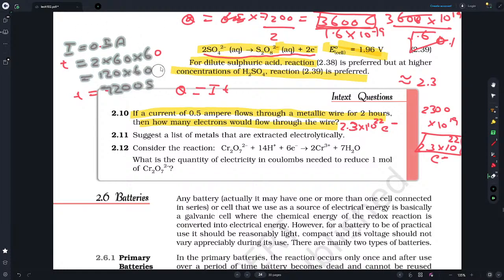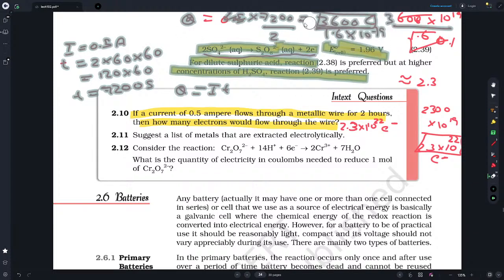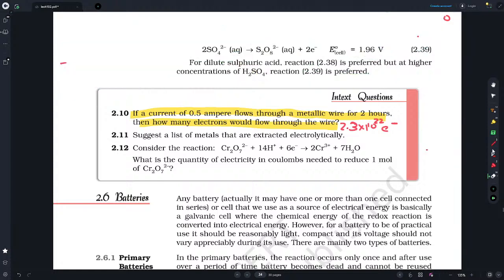Now I'll erase this. Next question. Suggest a list of metals that are extracted electrolytically.